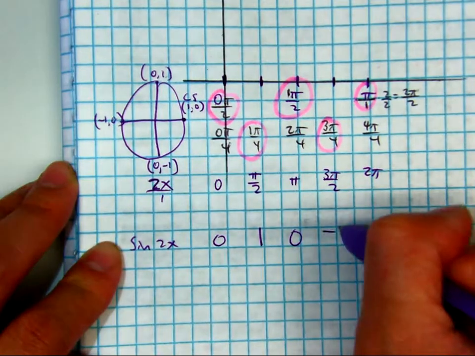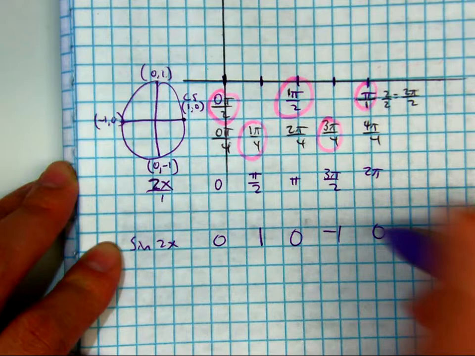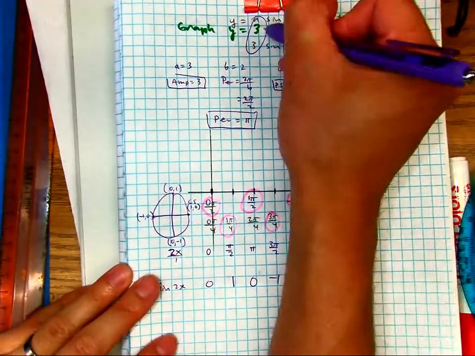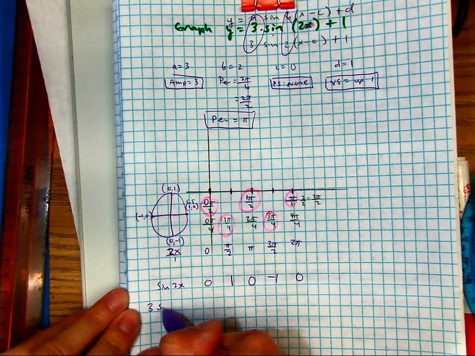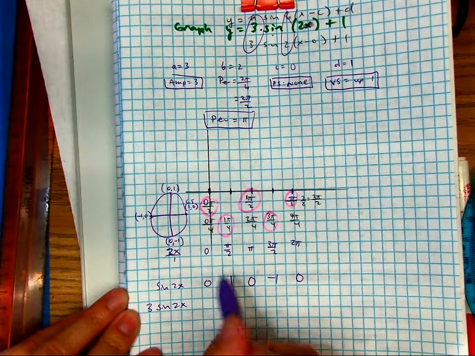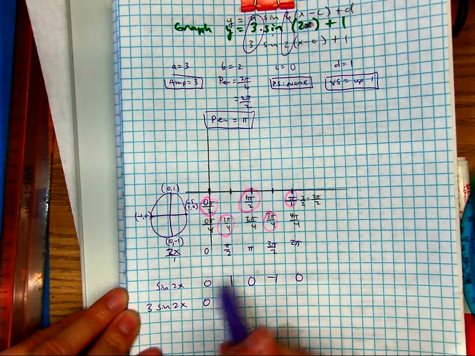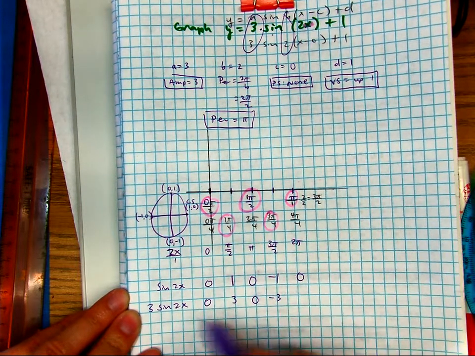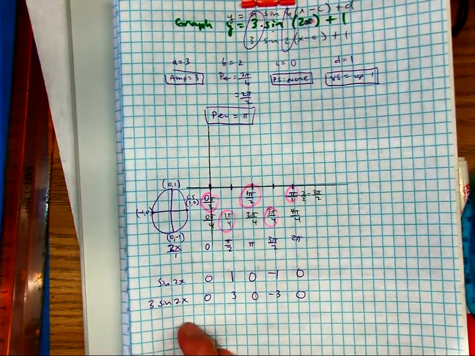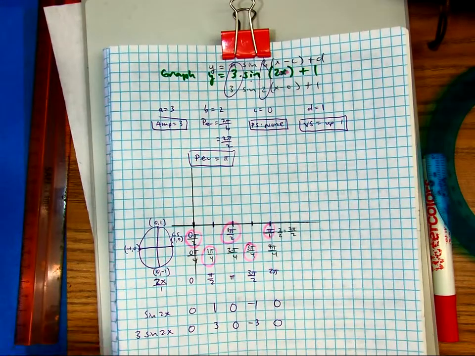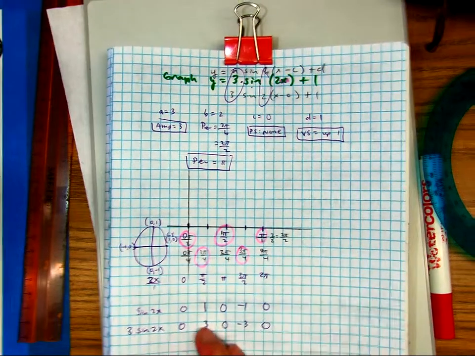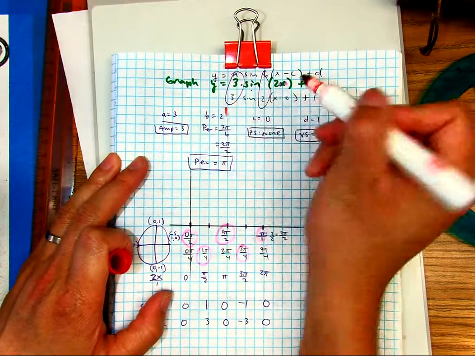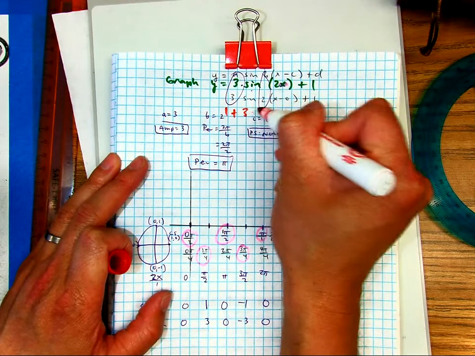The next thing I need to do with these values is I'm going to multiply it by 3. So 3 times 0 is 0, 3 times 1. Okay. Now in some ways the problem might have been easier if it read it like this. Let me put it in red. 1 plus 3 sine 2x. We took the x values and multiplied by 2, found sine.